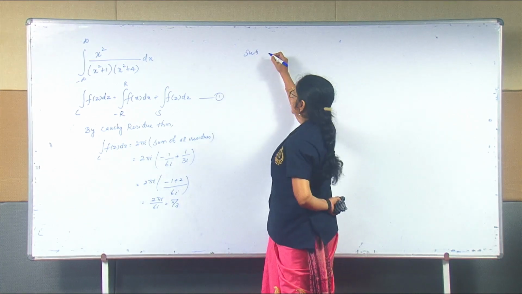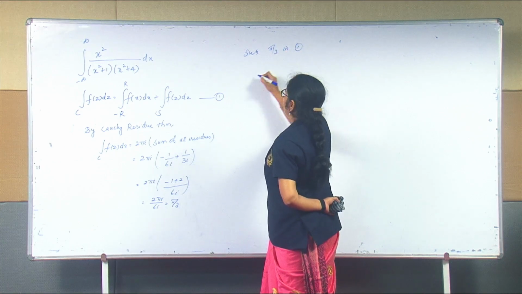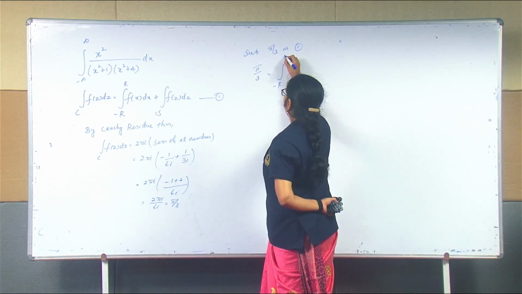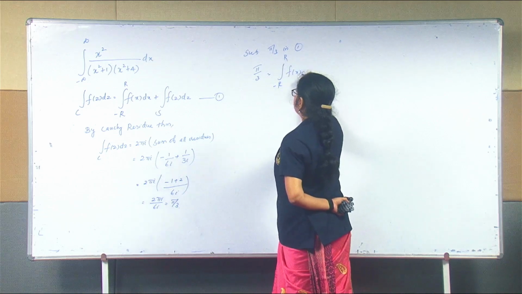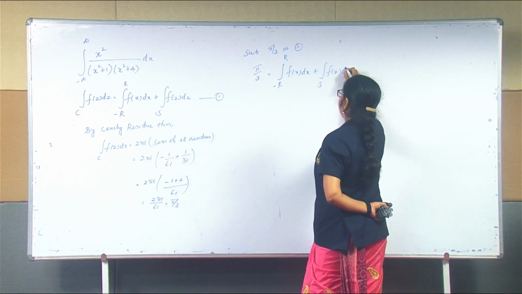Substitute pi by 3 in equation 1. So pi by 3 equals the integral from minus r to r of f of x dx plus the integral over s of f of z dz.